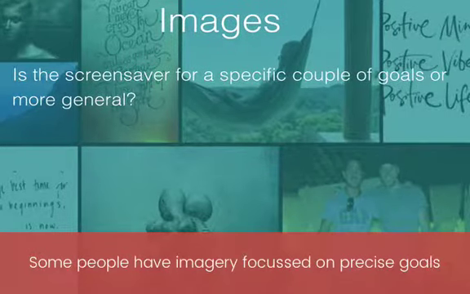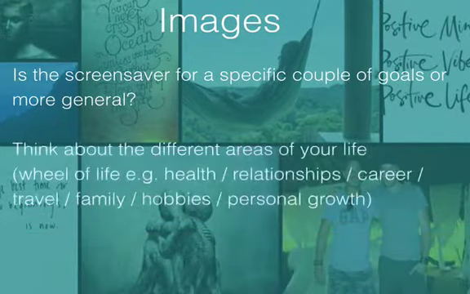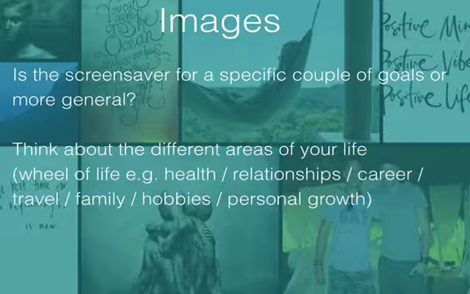I tend to have things that feel good to me. So if you're thinking about more general, something to think about are the different areas of a successful life. And you can see another video where I talk about this in more depth, such as the wheel of life. So this is where we would look at the different aspects of life. So think about, is it something relating to health? Is it relating to relationships? Is there an image there relating to your career or your finances?